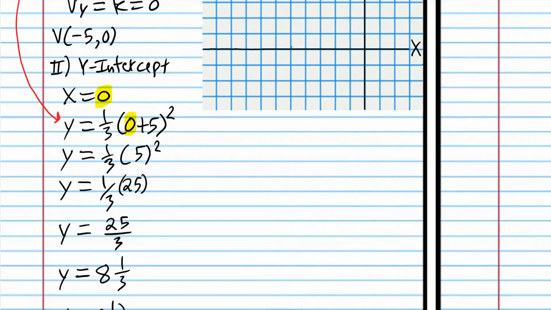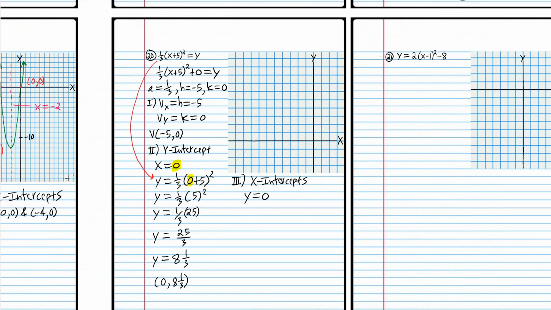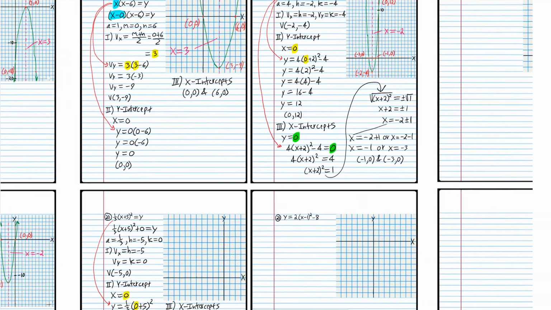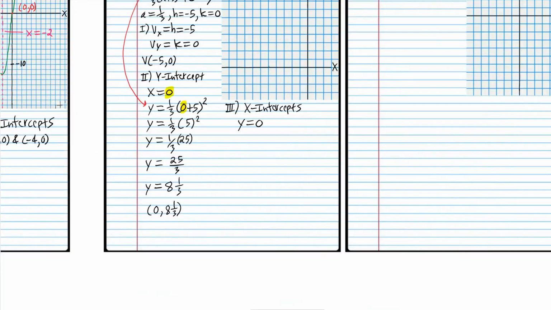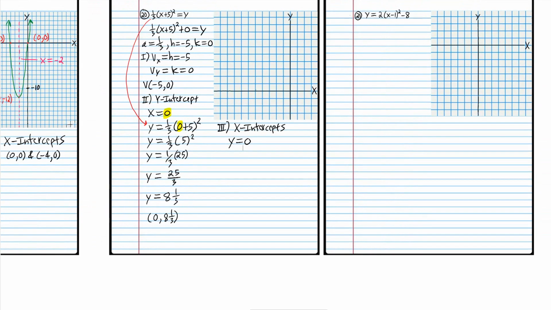Okay, so now we're going to find the x-intercepts. And to do that, we're going to let y equal 0. And we're going to plug in 0 into the original equation. I'm going to try to show here that I'm using this original equation.